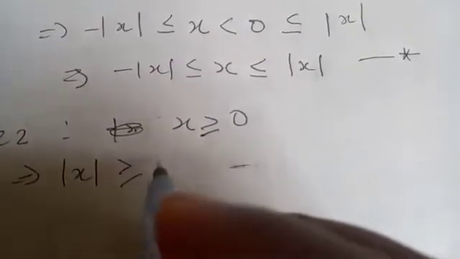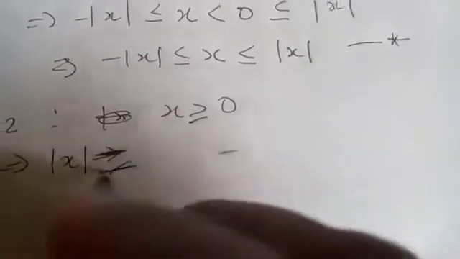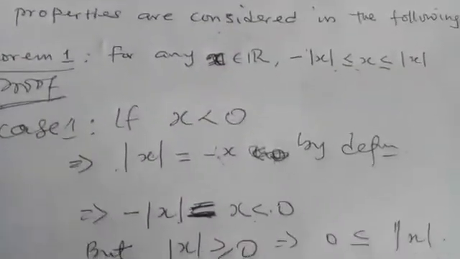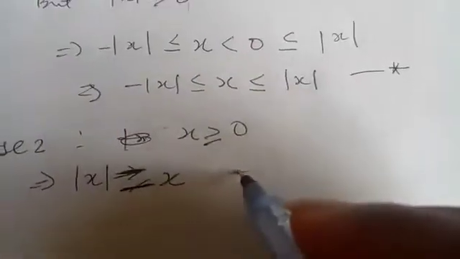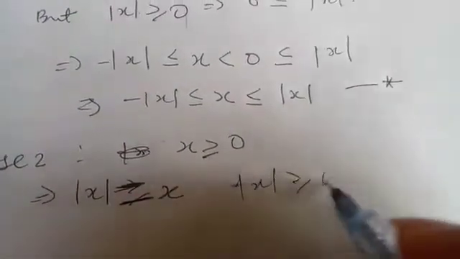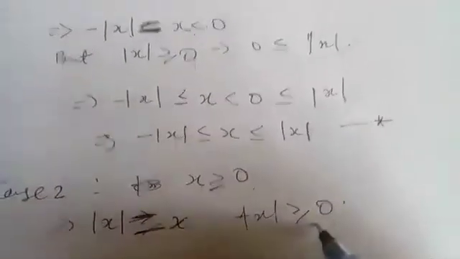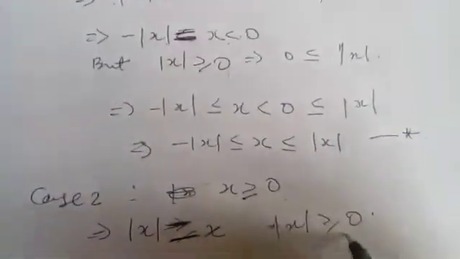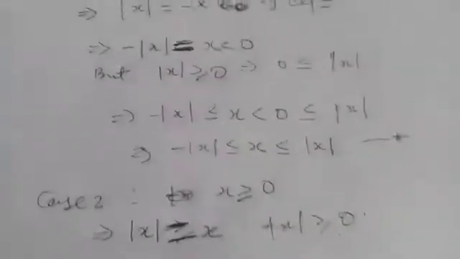absolute value of s will be equal to x, because absolute value of a will be equal to a. So by that definition, and also absolute value of s, we know that it's always greater than 0. So let's keep that.